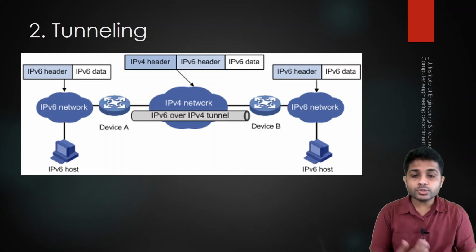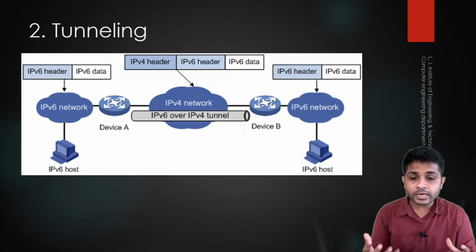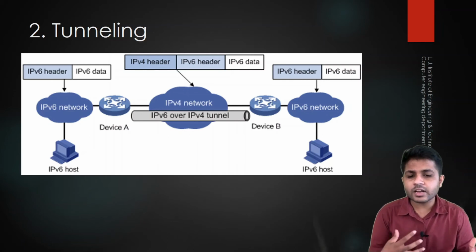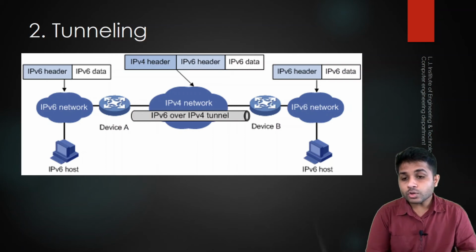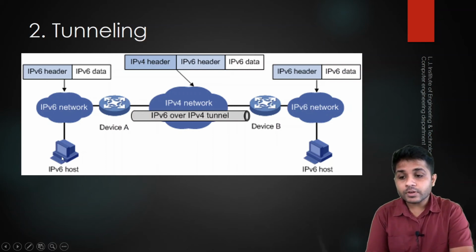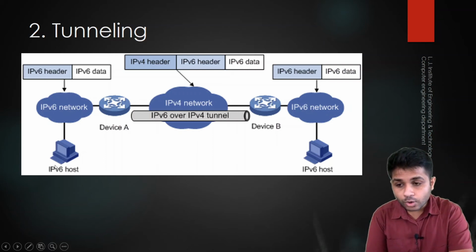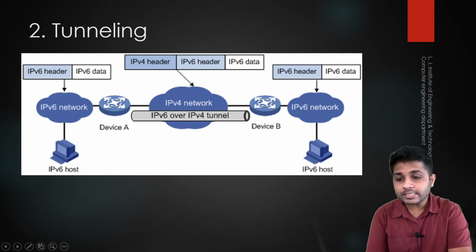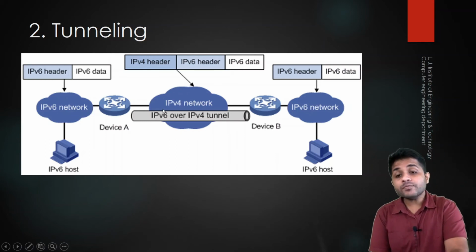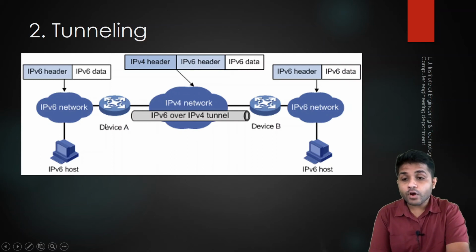But the network is so complex, and in the internet all the devices are interconnected together. So there is a possibility that if the IPv6 host on the left side sends any packet to the IPv6 host on the right side, the packet will travel through the IPv4 network.